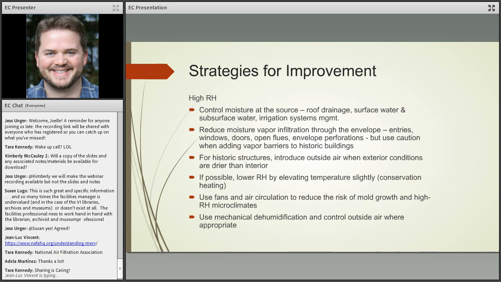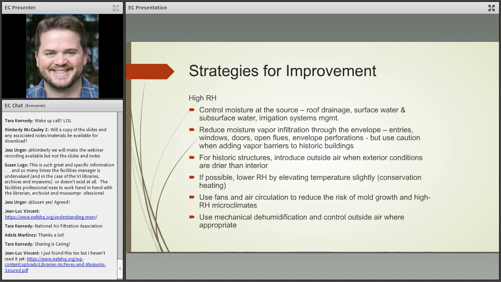So this is a case where, yeah, welcome to the world of no easy answer. But especially if you're looking at an overnight scenario, one of the things that I've often used with institutions in the past is to really look at your outside air control and what it is that you can do.